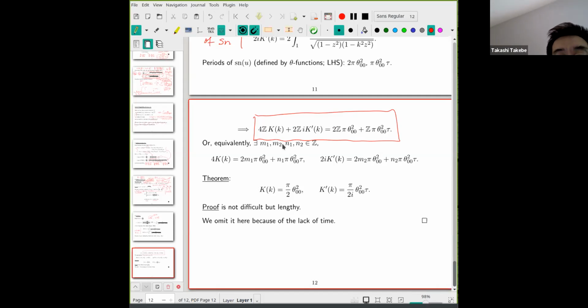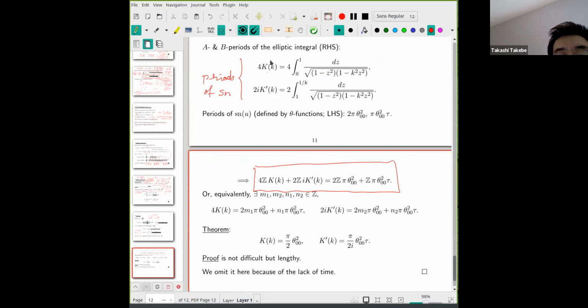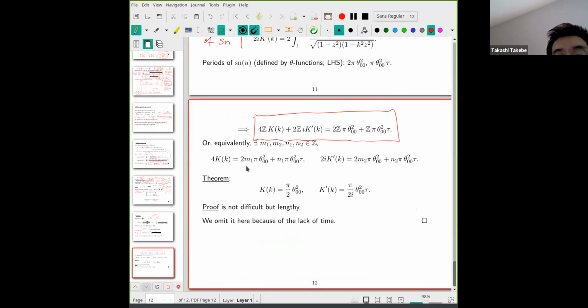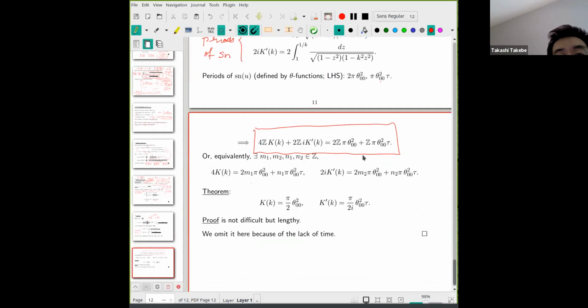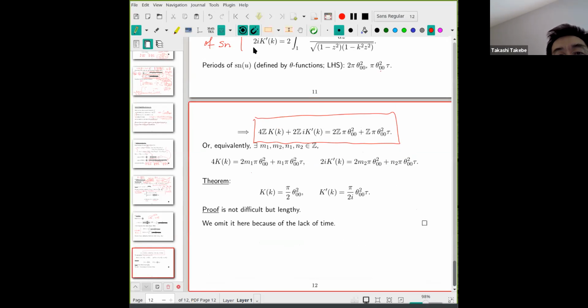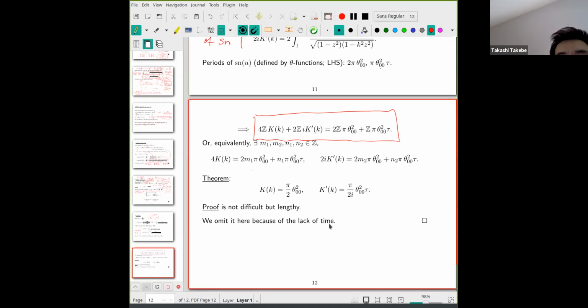Namely, 4K, large K, is an integral linear combination of them. 2i times large K prime is another linear combination of them. Well, actually, they are more simple.